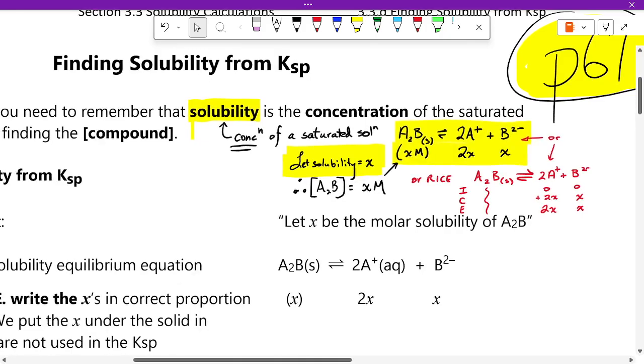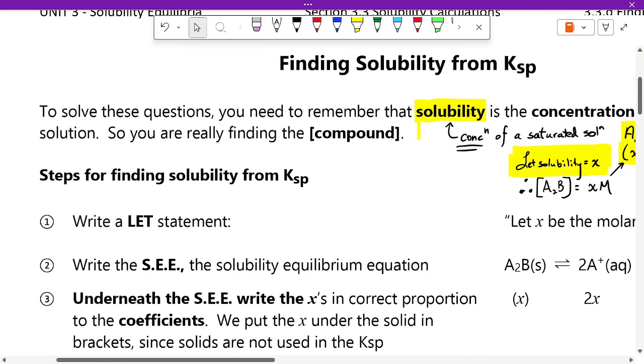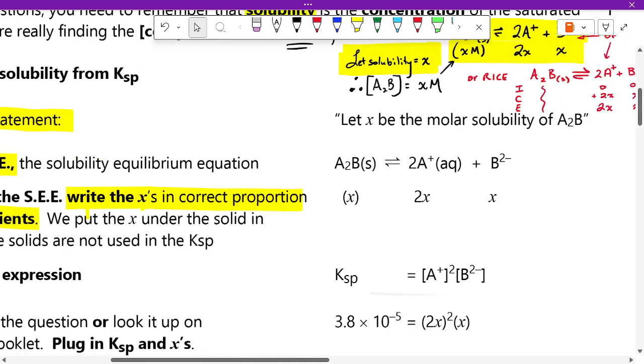So basically those steps are listed out here. We're going to write the let statement. We're going to write the C. Underneath the C, we write the x's in correct proportion to the coefficients. Okay, and that's just what we did above.